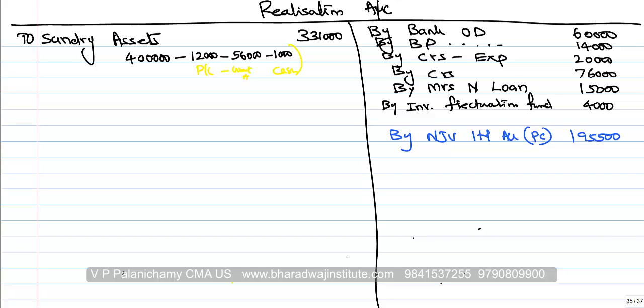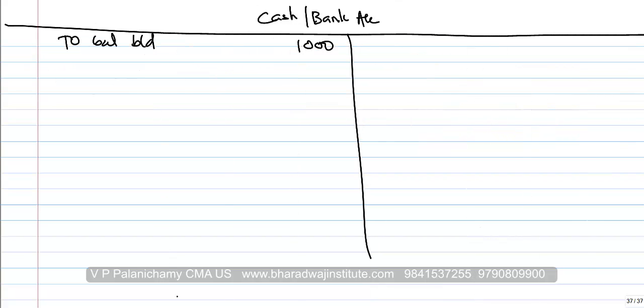How much cash is received? That will go to cash account, to NJV Limited account. How much? 75,500. Purchase consideration received in cash will go to cash account.